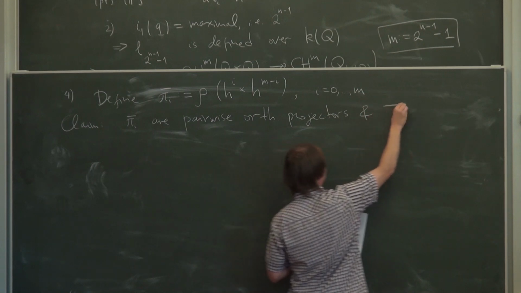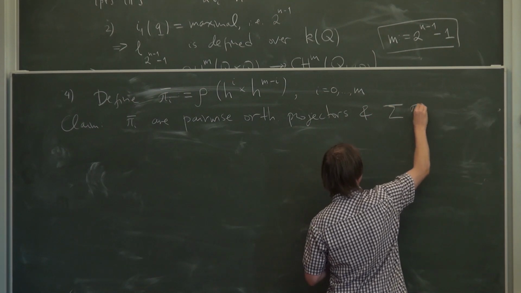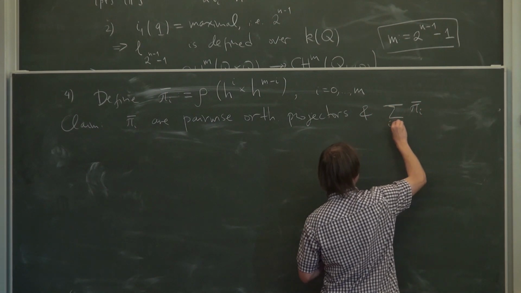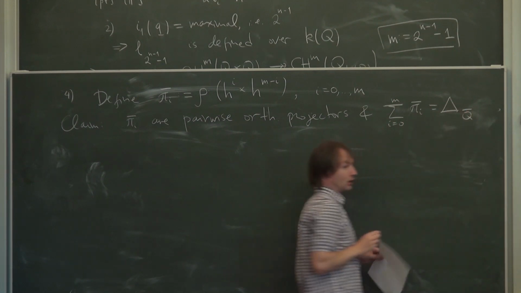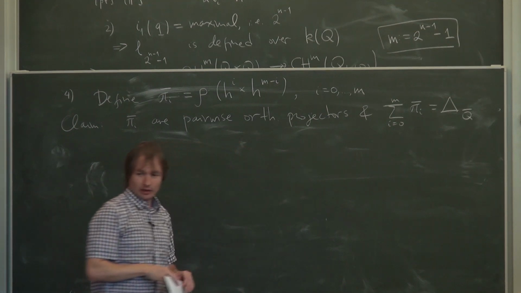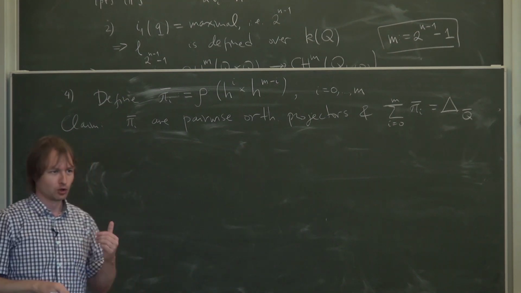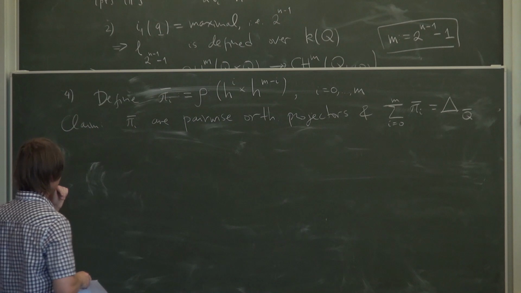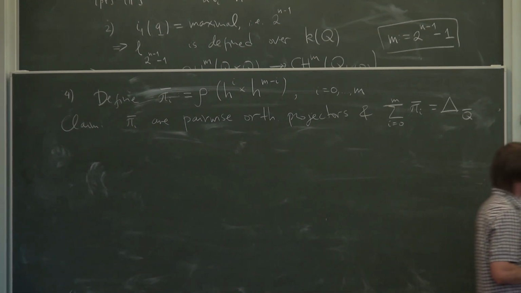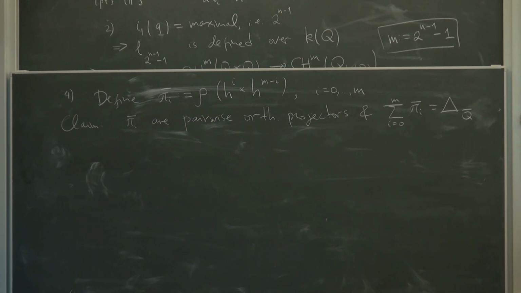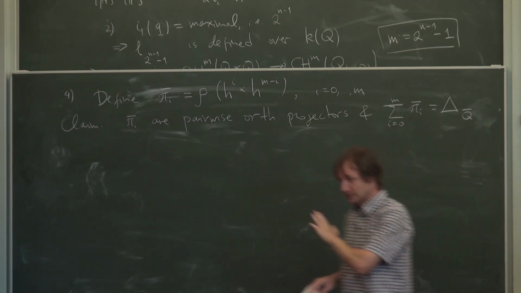And the sum of them is the diagonal of Q bar. Well, actually, I'm not completely sure that the formula is correct, because maybe it should be minus here. So I'm not quite sure, but something like this.